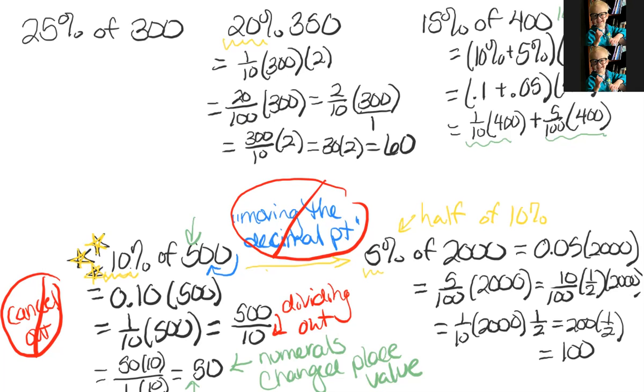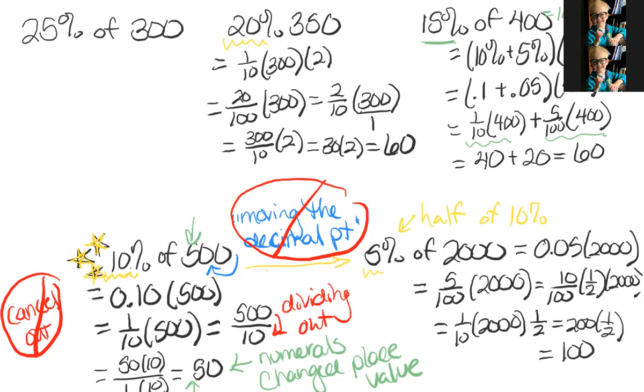We're decomposing 15 into 10 and 5, and then we add them together. That's just the distributive property. And so 10% of 400 is 40. Cut that in half. You don't even have to really do any more thinking. Excuse me, half of 40, 20. So this is 60.